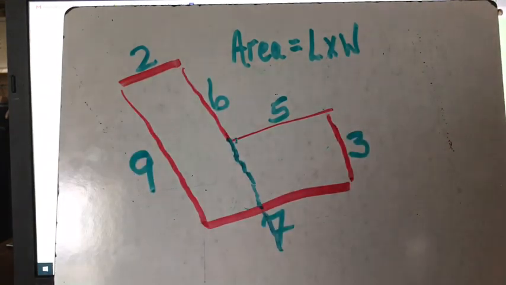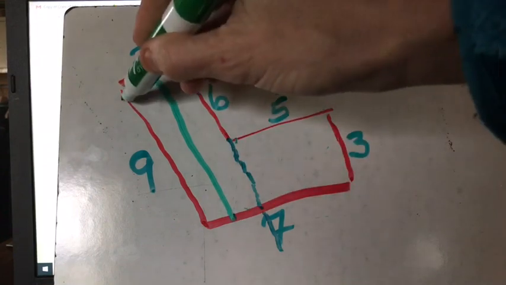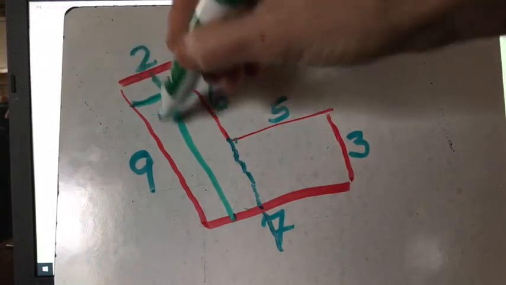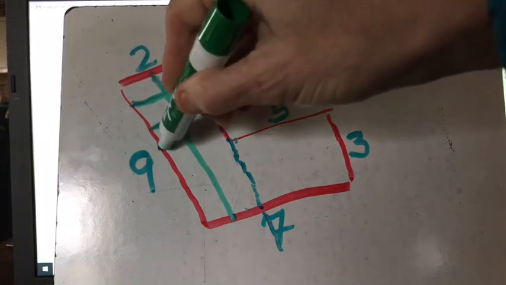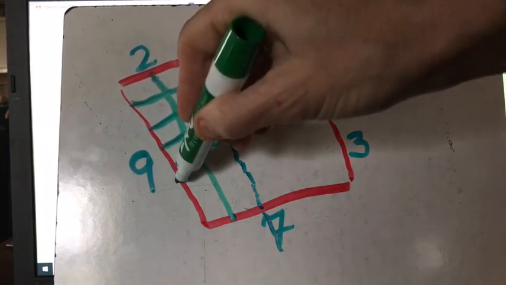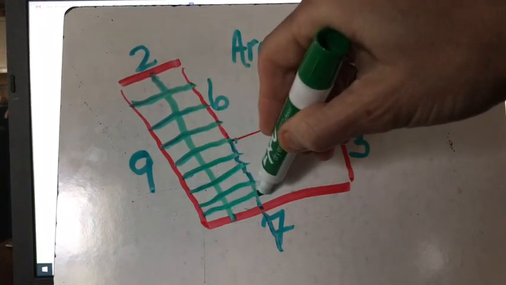Now if I'm going to do the area, the inside, I have a 2 on top, 1, 2, by 9 going down. So I have 1, 2, 3, 4, 5, 6, 7, 8, 9.